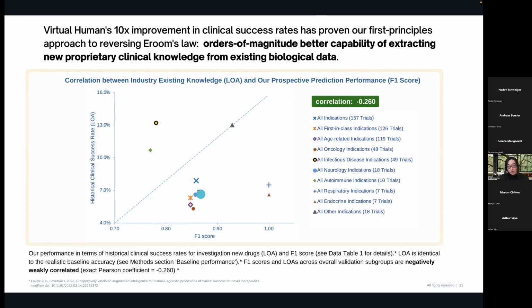That confirms our original approach: by reanalyzing existing biological data, because we don't have access to any exclusive data, we discovered a large amount of novel clinical-scale knowledge from existing biological data that enables a drastic improvement in the accuracy and precision of clinical efficacy and toxicity prediction.